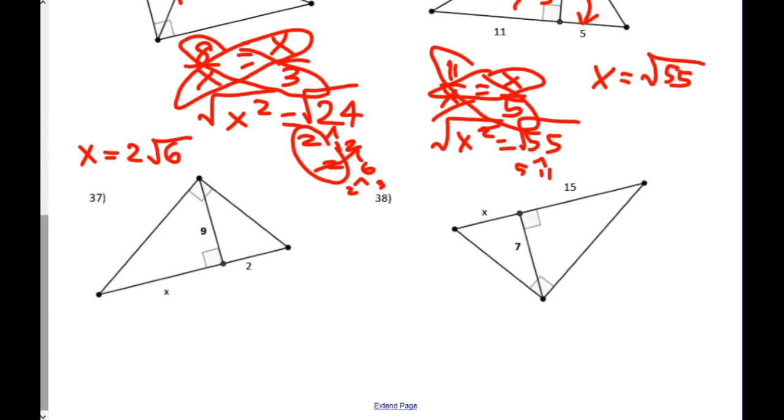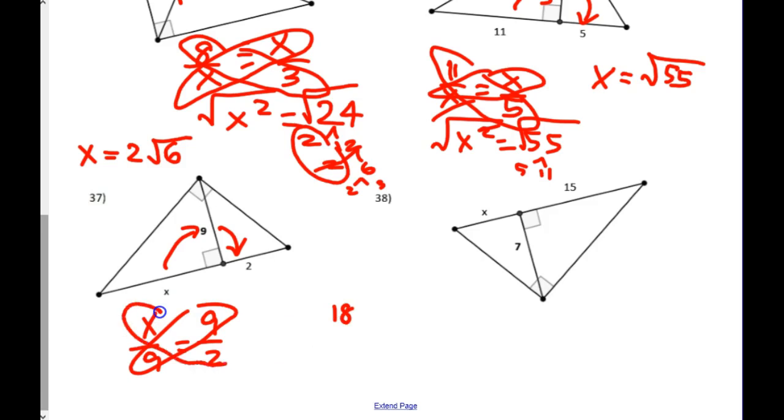And 2 more real quick. X over 9 equals 9 over 2. We got 18. We got 2x. Divide by 2. X equals 9.